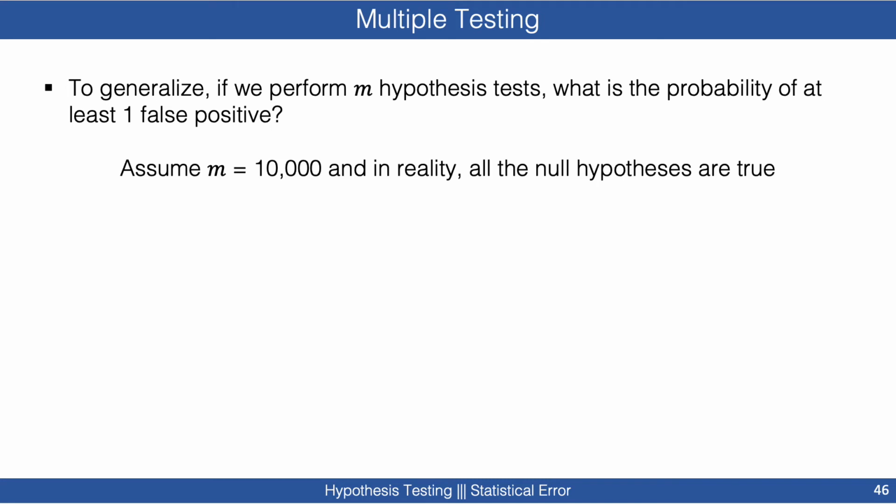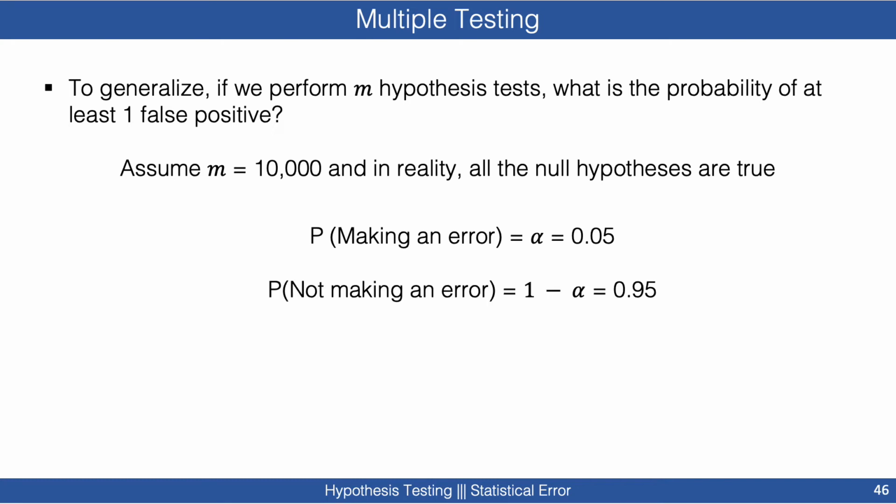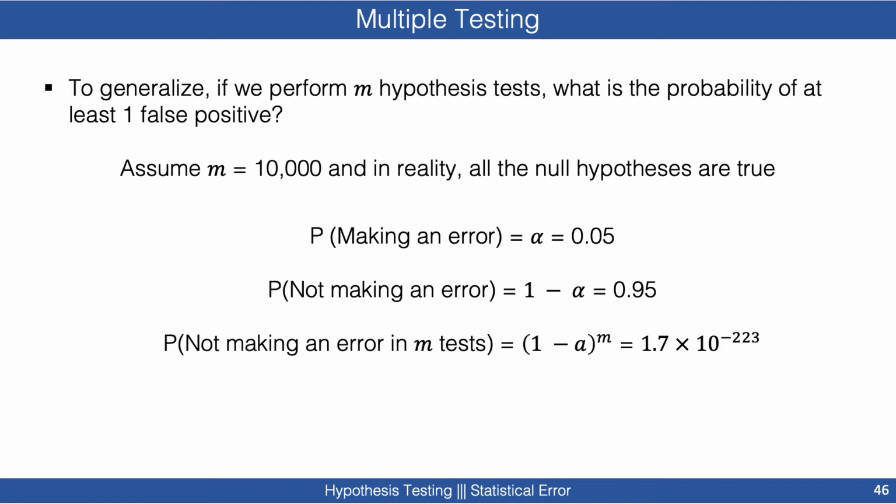So say M is 10,000, and say there is no time where you should reject the null hypothesis. Then the probability of making an error is 5%, and the probability of not making an error is 95%, so the probability of not making an error in M tests is that you didn't make an error ever, right?